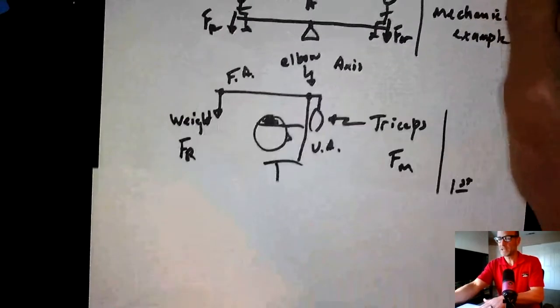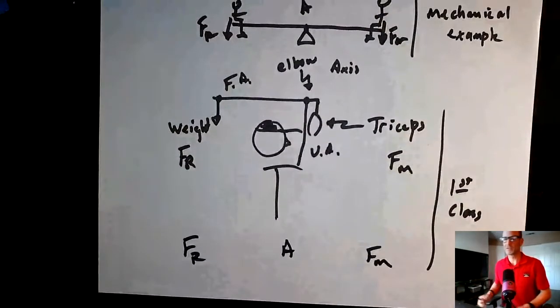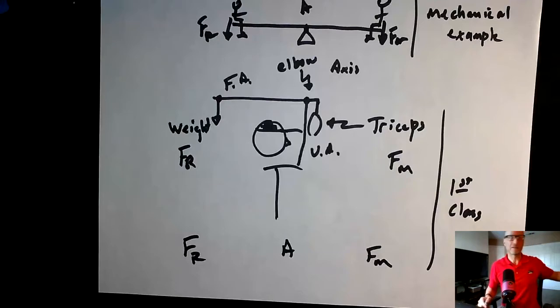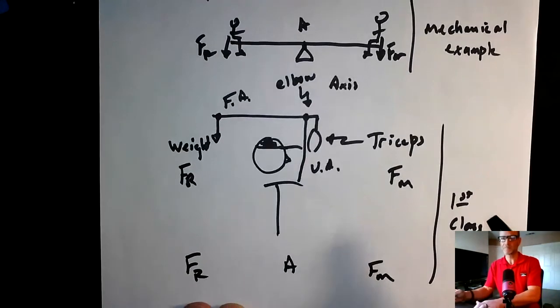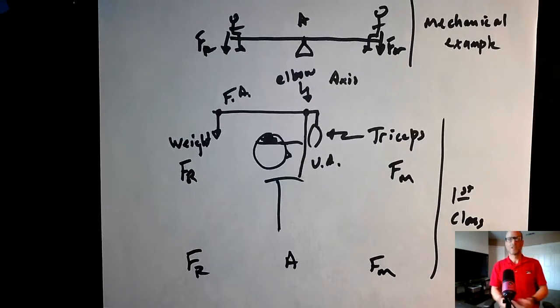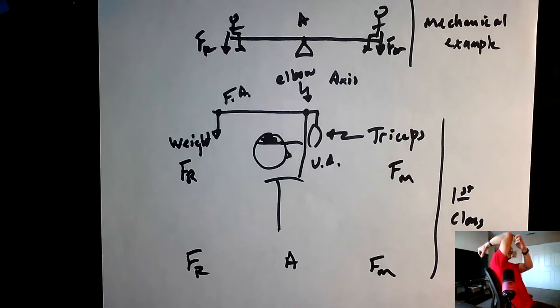In the human body, there's not a lot of first-class levers. I'm going to draw one here, and I'm going to explain it a little bit. This is a person, and the example I'm going to use is elbow extension. So I'm going to take the elbow, put it up in this position, and look at the tricep, which inserts on the olecranon process.